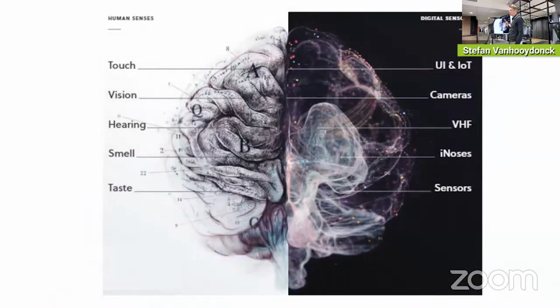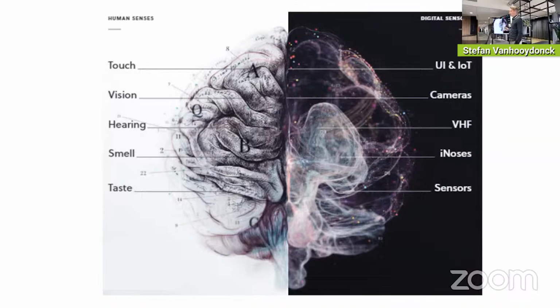Technology at this moment, we have the five human senses. We can mimic and replicate them all with technology. You have touch, user interfaces, IoT sensors. We have eyes, or cameras, and now drones also have cameras.